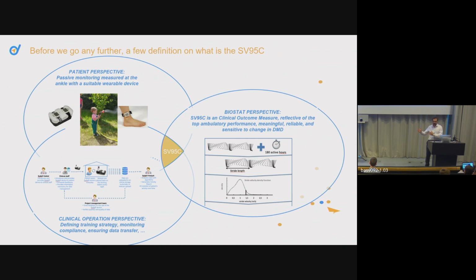Then there is a perspective that is quite core to what we do in CISNAV, the biostatistician perspective: trying to develop, out of the thousands of data points that come every second, one meaningful single outcome that would represent the patient.